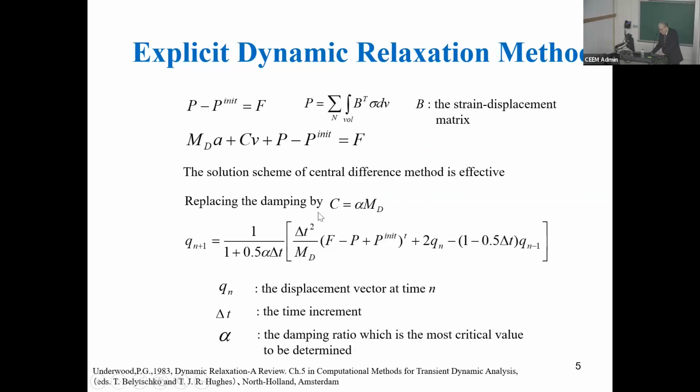Replacing damping by C equals alpha M_D. And in this equation, R, the damping ratio, is the most critical value to be determined. So each small time increment, alpha is always changing. So delta T is the time increment.